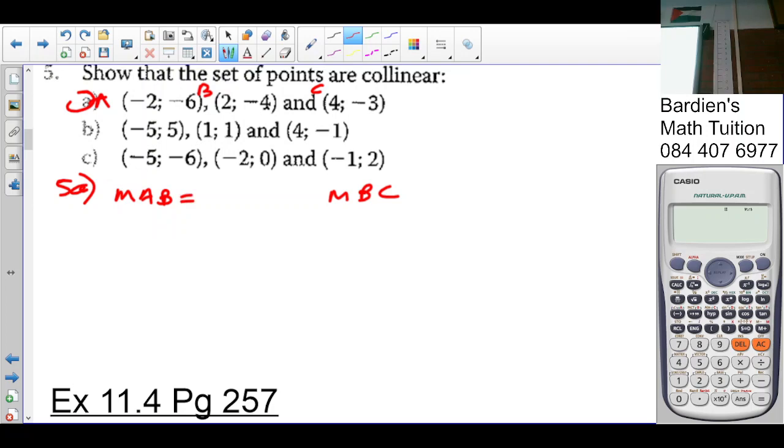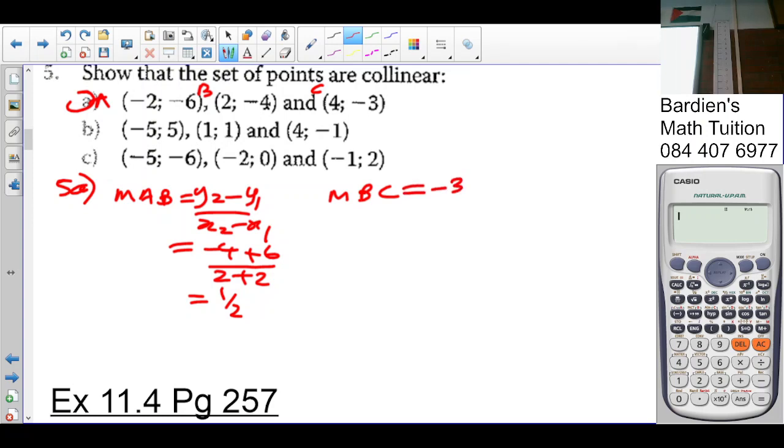So if I go y2 minus y1 over x2 minus x1, it's simply negative 4 minus minus 6 over 2 minus minus 2. That's positive 2 over 2, which is half. Not so? Now the gradient of BC. We do the same. Negative 3 minus minus 4 over 4 minus 2.